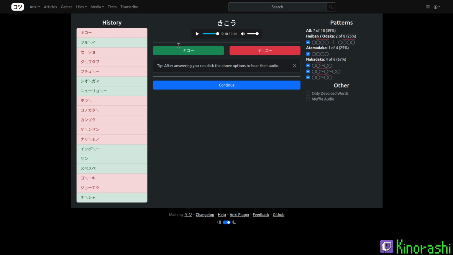Oh, Boku. Oh, that is Boku. Okay. So, Boku wa sensei o shite imasu. Unlike the first example, we have separate down steps: Boku, sensei, and shite imasu.